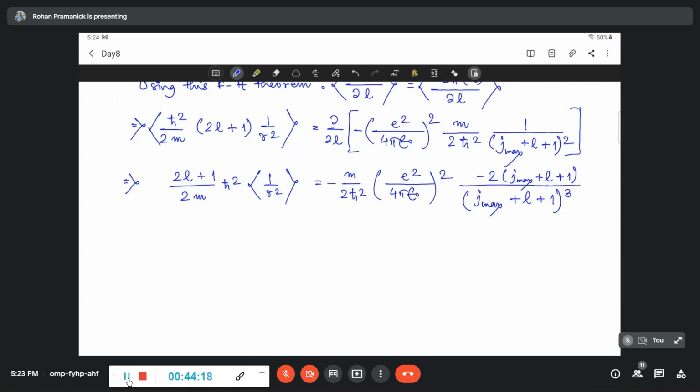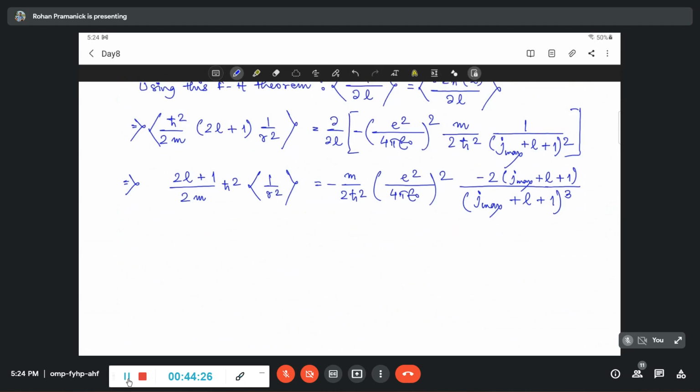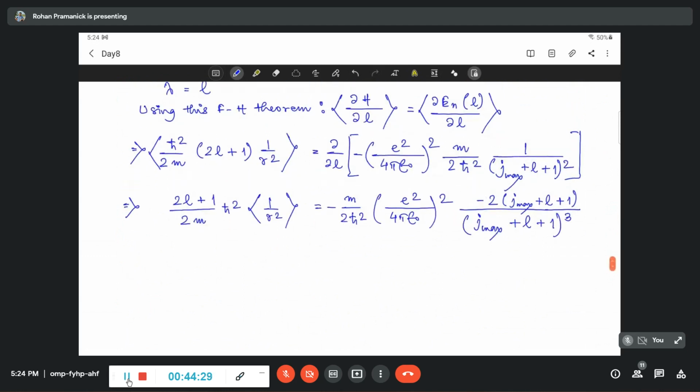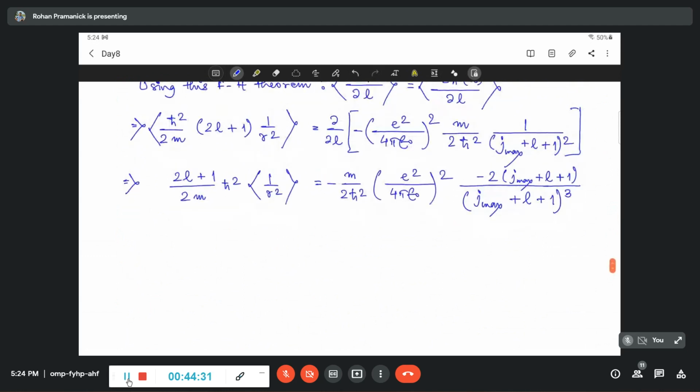No, the cube is there, there is 4, sir. I think the power is 4. Something 1 by x squared minus 2 by x cube is the difference. Now it is correct. Yes, sir. So now it is correct, right?